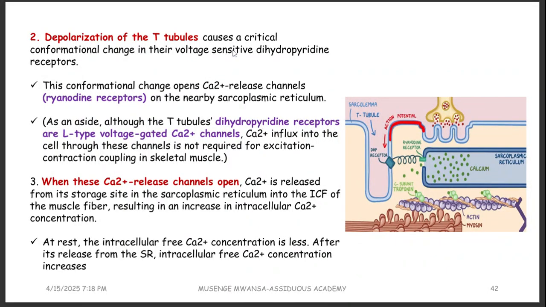Depolarization of the T tubule is going to cause a critical conformational change in these dihydropyridine receptors. When the dihydropyridine receptors change because of the action potential, they are going to open calcium release channels, which are the ryanodine receptors, which are found on the sarcoplasmic reticulum.